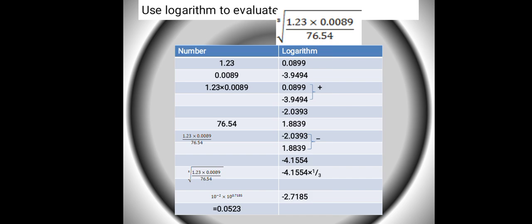Now dividing the numerator by the denominator means subtracting 1.8839 from 2.0393, and we get 4.1554. Getting the cube root of that number means multiplying by a third, and we get 2.7185. Getting the antilogarithm of that logarithm, we get 0.0523.